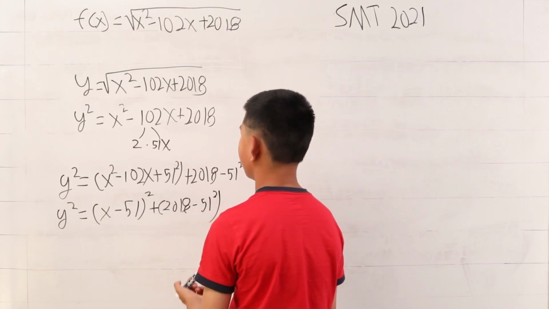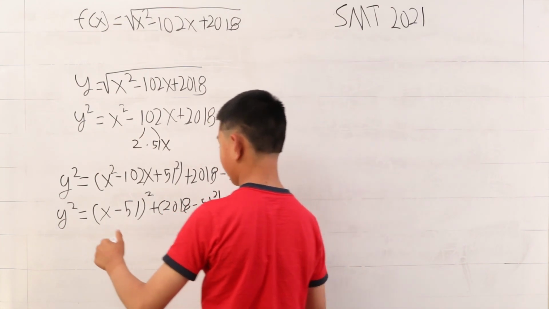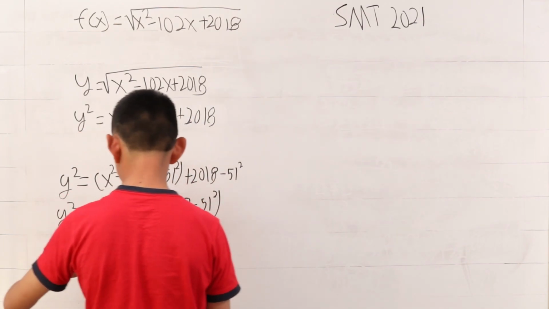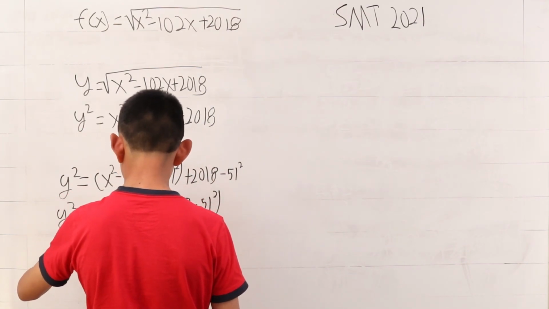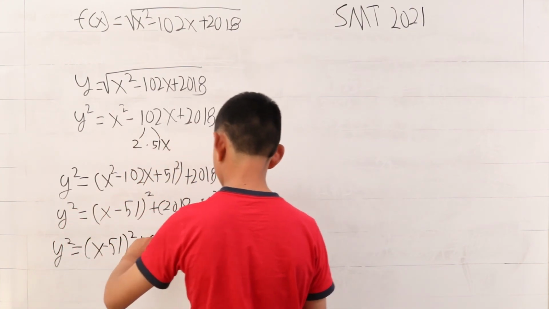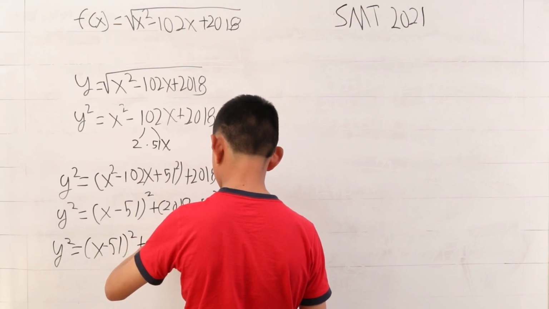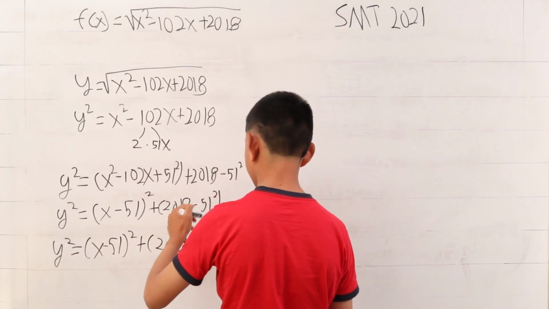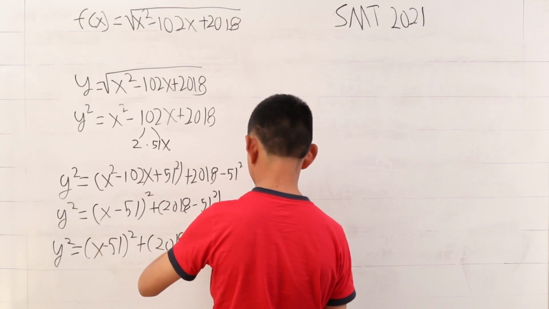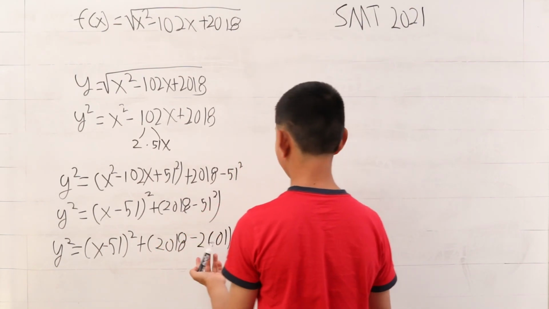So y squared is equal to x minus 51 squared plus 2018 minus 51 squared, or 2,601. So now we solve this.